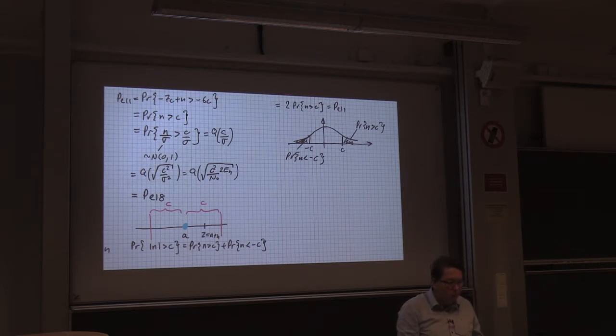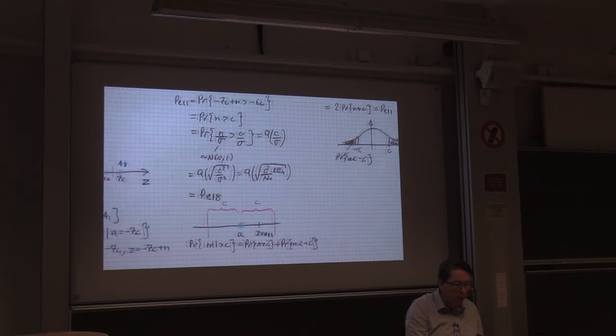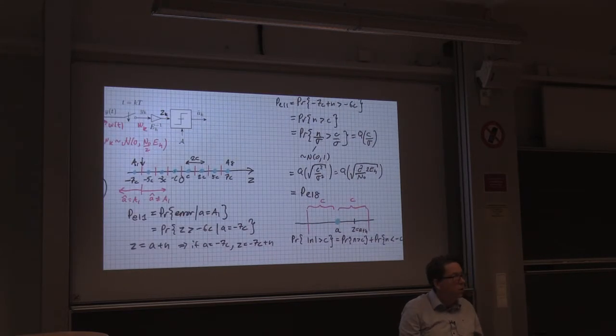So now we know the probability of making an error for an inner point and the outer points. So what is the average probability of error? Well, we average over all these points.